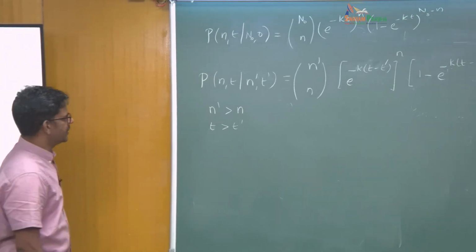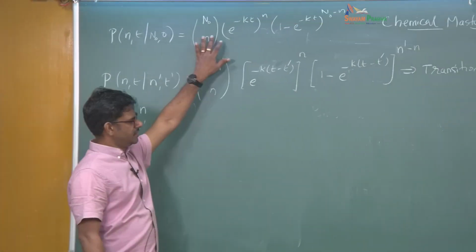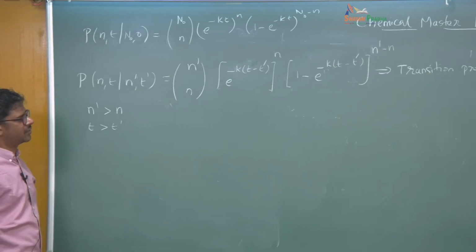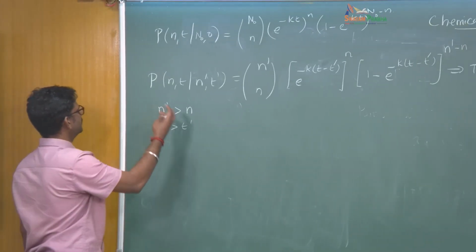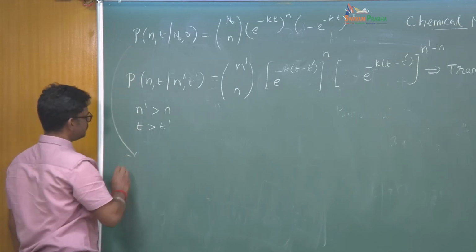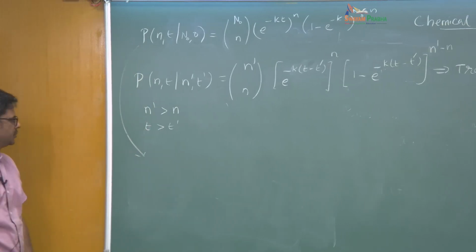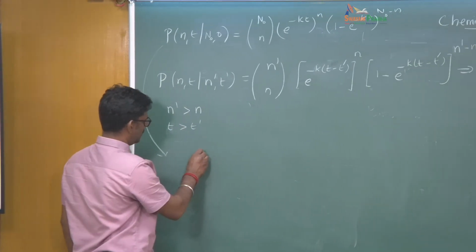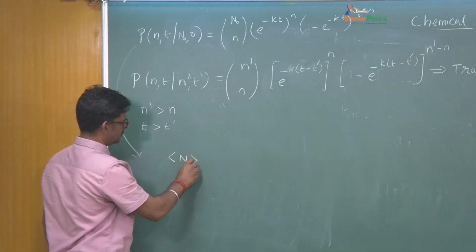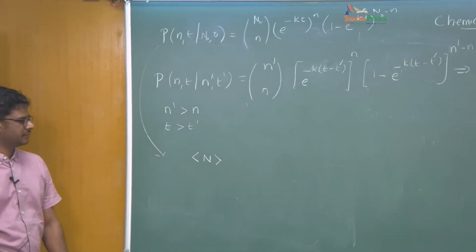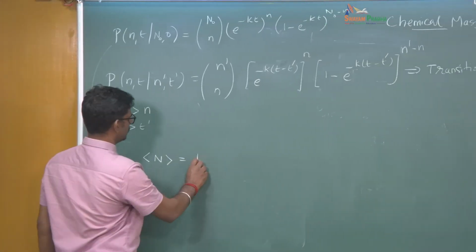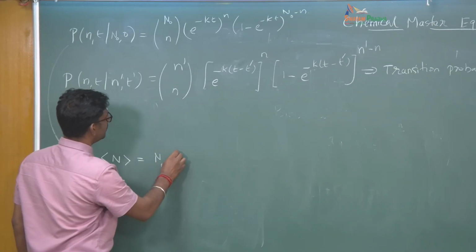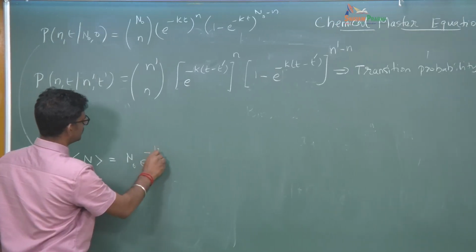Okay, so as I was saying, we can work with this entire distribution, or if you want to look at only statistical quantities like the mean and the standard deviation, we can directly write that for this distribution, which is a binomial, the mean is nothing but n naught times e power minus kt.